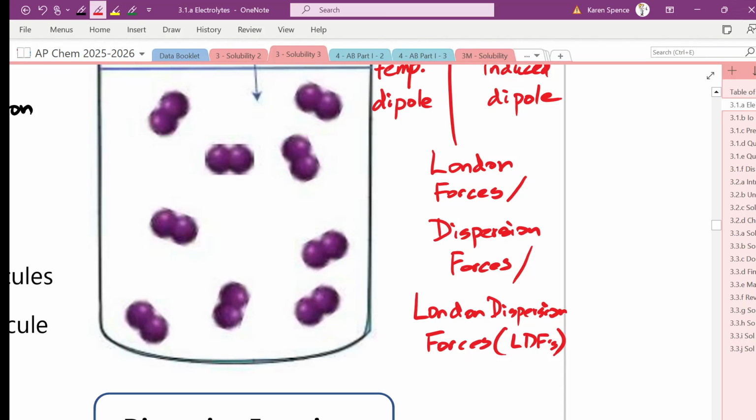If I were writing a response about London dispersion forces, I would probably write London dispersion forces, brackets LDFs, and then just go from there.